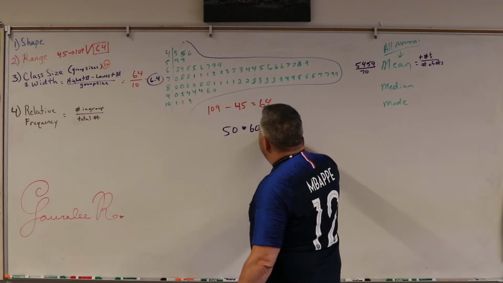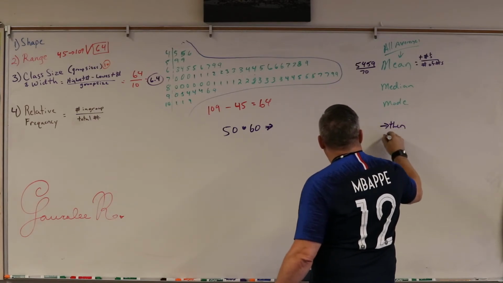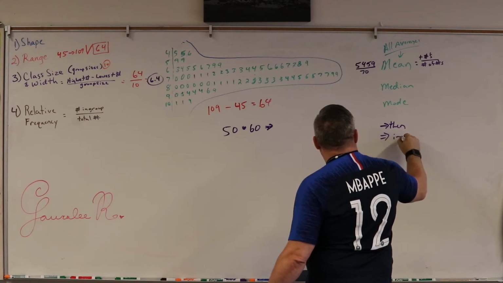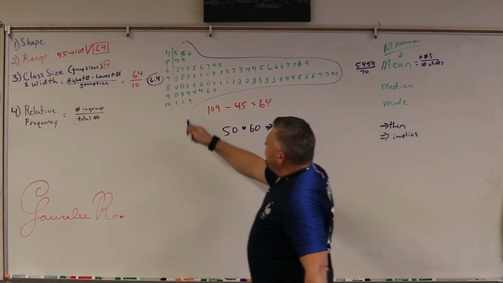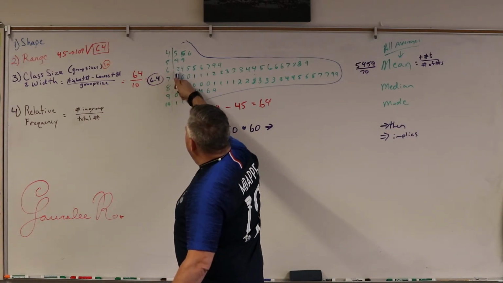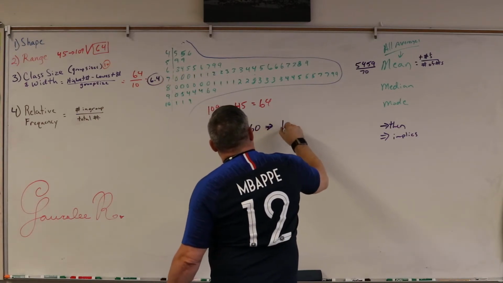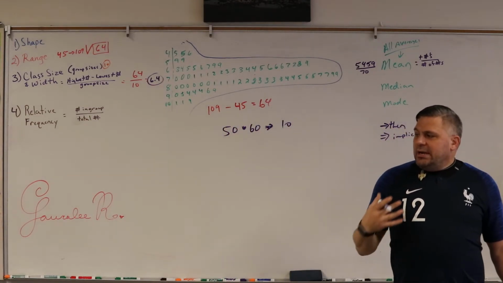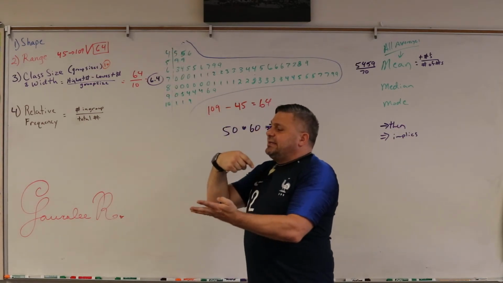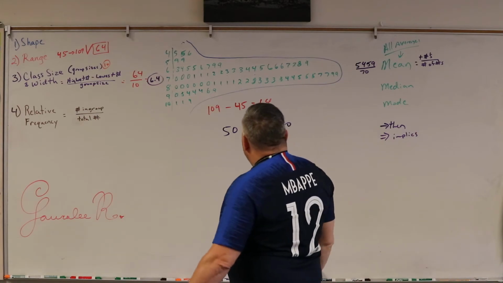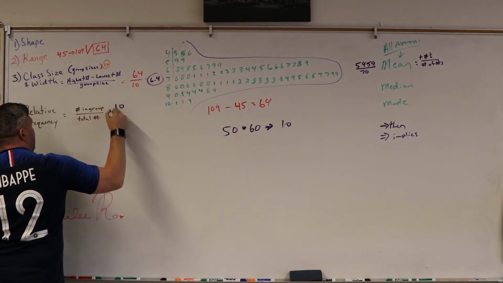Thank you. Implies, right? So this is and, and the double one is implies. So it implies, well, 50 is 1, 2, 3, 4, 5, 6, 7, 8, 9, 10. So there's 10 numbers in the 50s and in the 60s. That is the number in the group, 10.